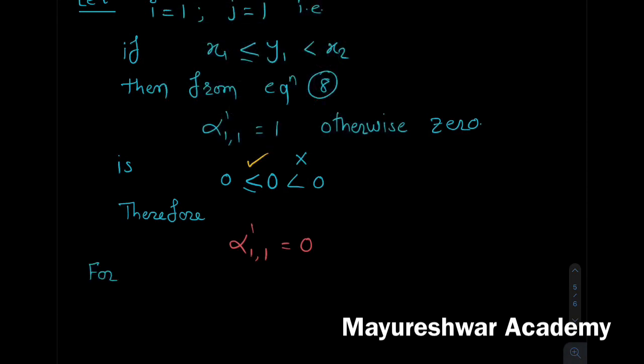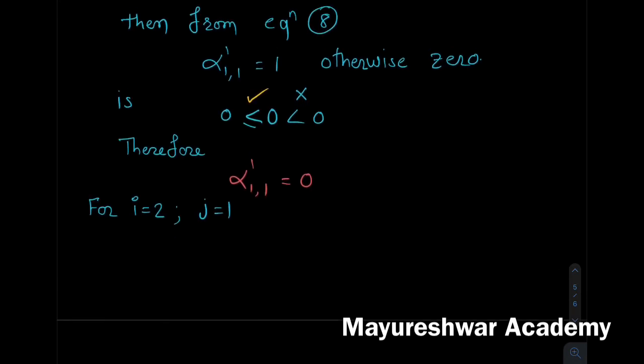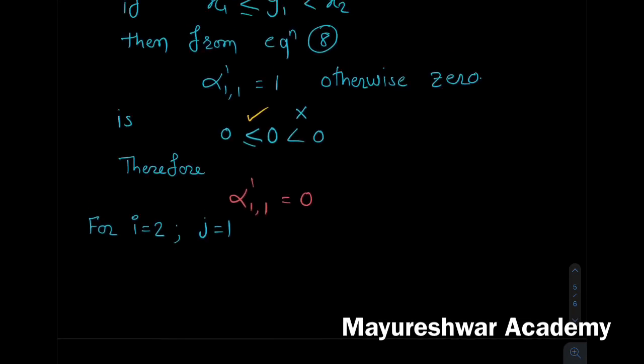Let us change this style so that it's a final value, and we can use it for further reference. Now let us increment i to 2 and keep j the same, which is 1. We are checking whether y1 is greater than or equal to x2 and less than x3, so whether it is in between x2 and x3.